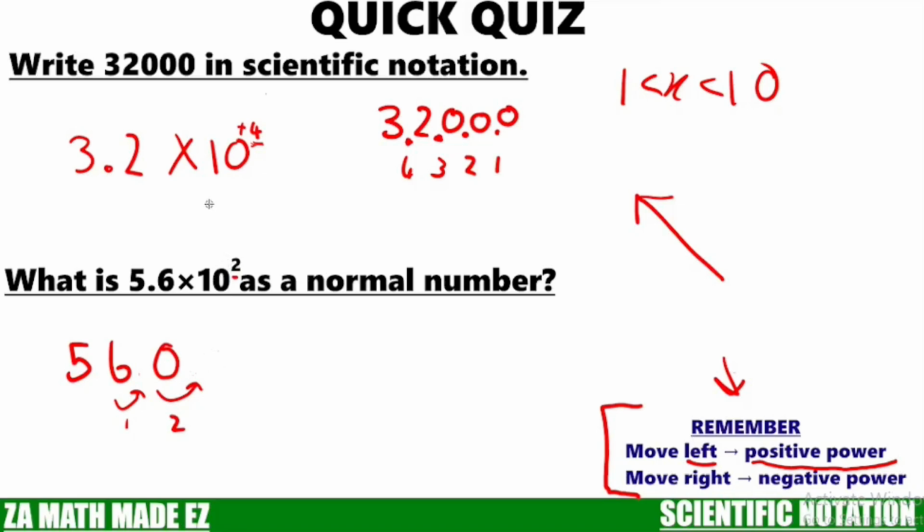So when this was positive over here, the positive 2, we moved the decimal point to the right. But as you can see, it says negative here, because this is only for converting a normal number into scientific notation. When you convert a number from scientific notation into a normal number, these are the other way around.